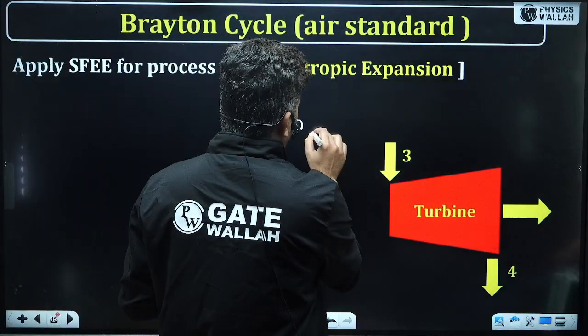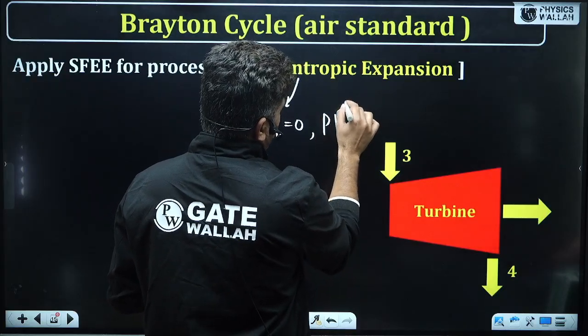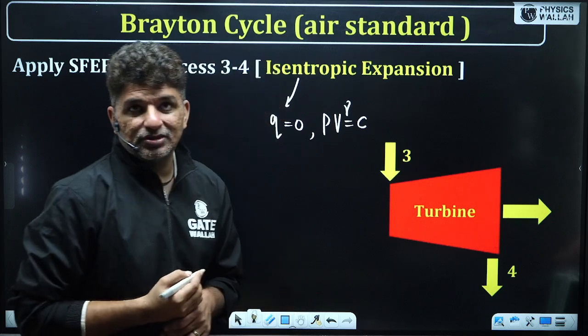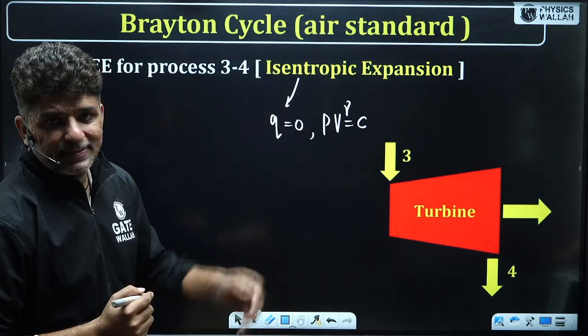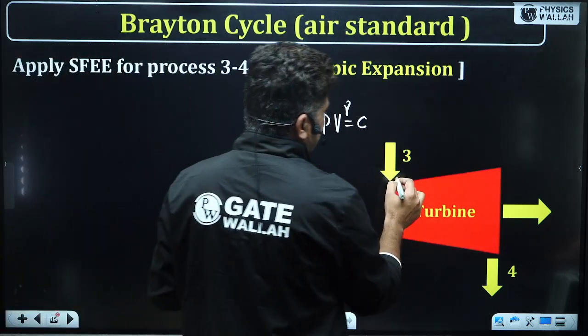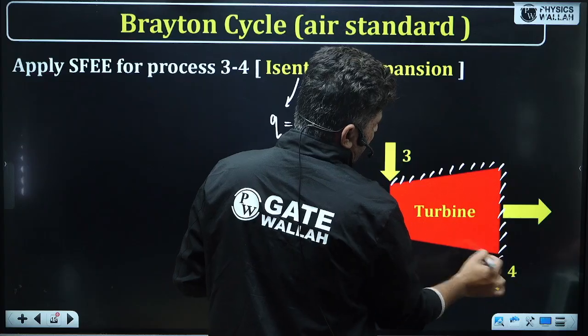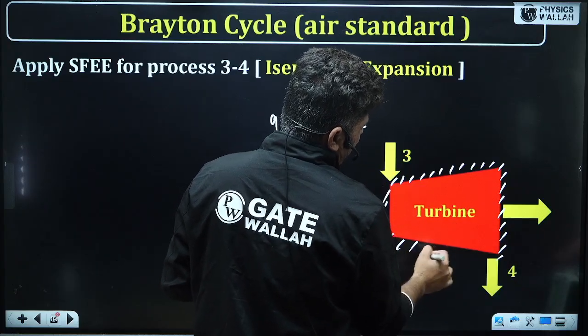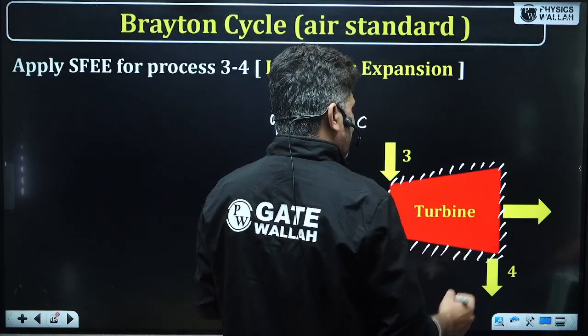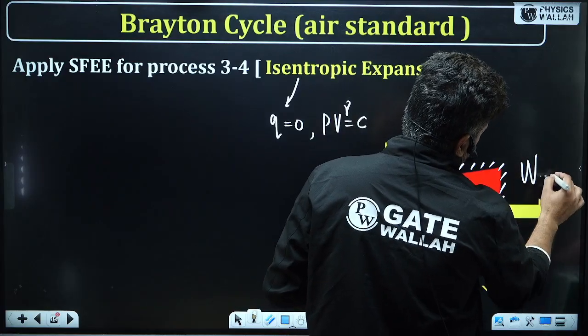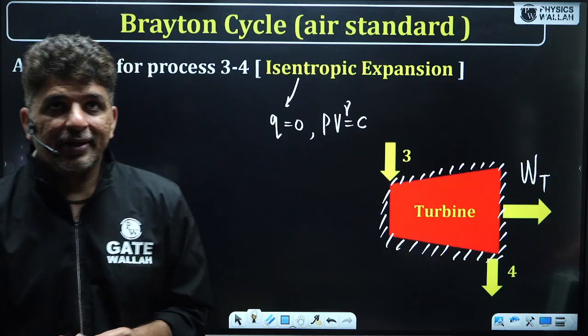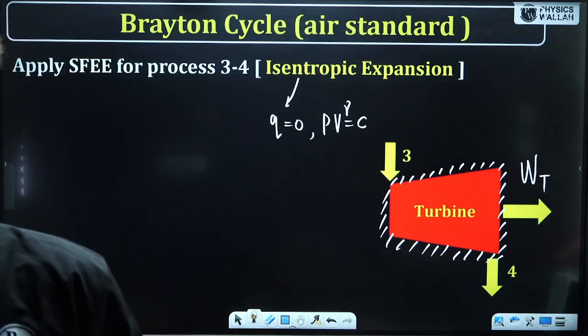The process followed will be PV to the power gamma equal to constant. When Q supply or rejected is 0, this is adiabatic, so there is no heat transfer happening. There is only one thing happening over here, that is expansion of gas, which will generate the work WT. So work is developed by the turbine.